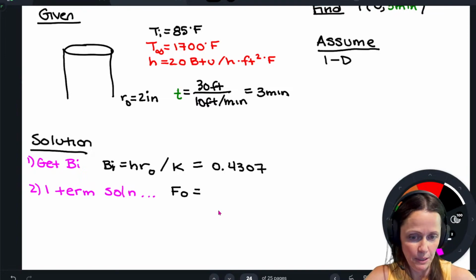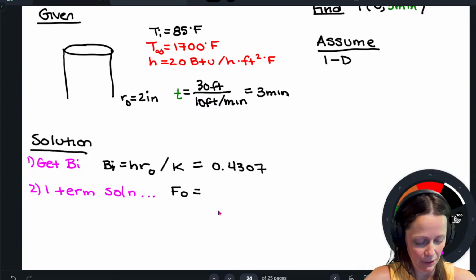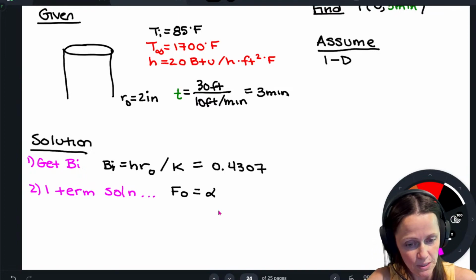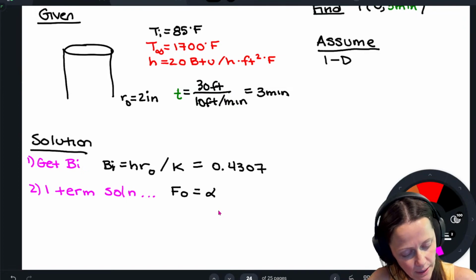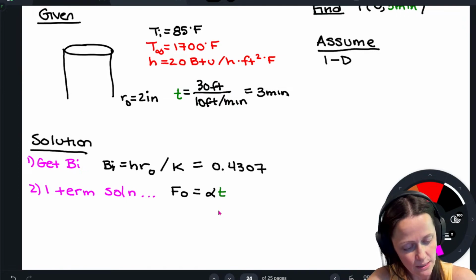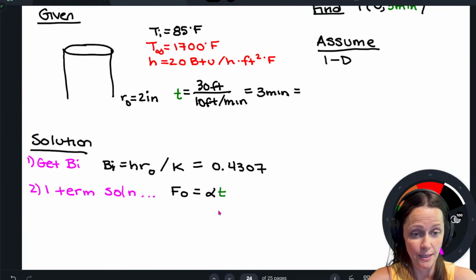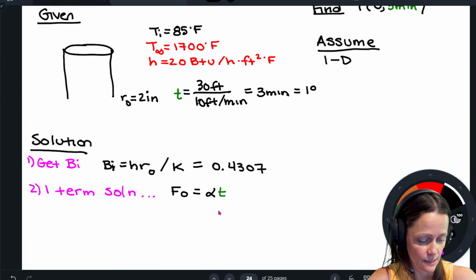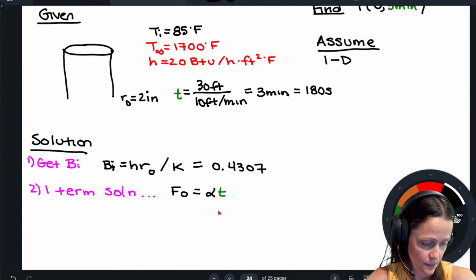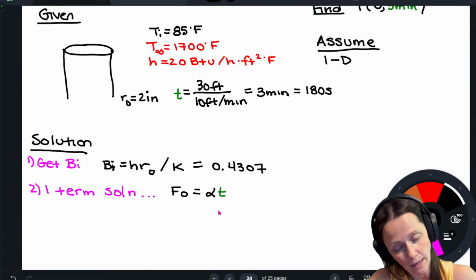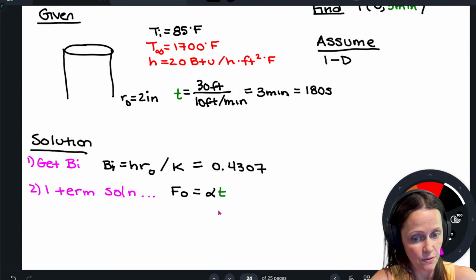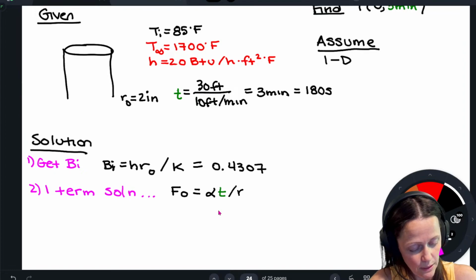But I have a feeling I'm going to need my Fourier number anyway, so might as well just calculate it. So I've got my thermal diffusivity times the time, which was that 3 minutes. Clearly, I'm going to have to put that in seconds, so 180 seconds. Thermal diffusivity times the time divided by r naught squared.